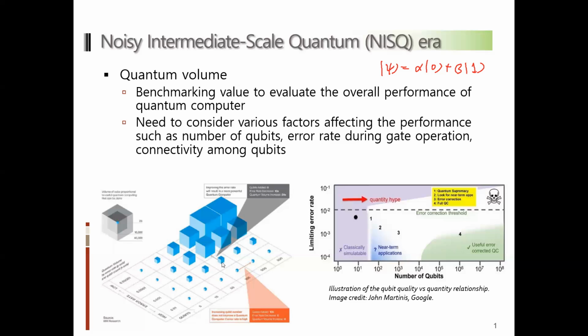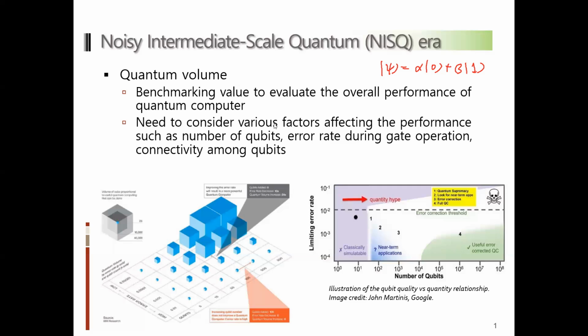So for example here, even if from here to here there is no improvement in terms of the number of qubits, yes, the same 100 qubits, however, if you reduce the error rate, then there will be significant improvement in terms of the quantum volume. So that probably makes sense.